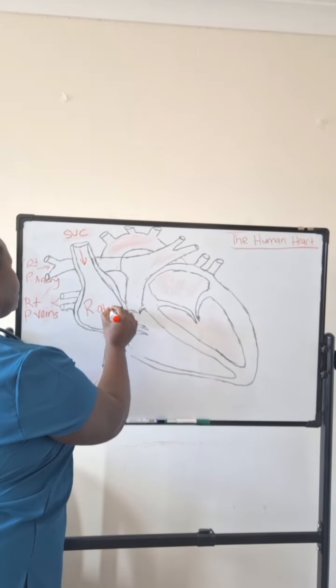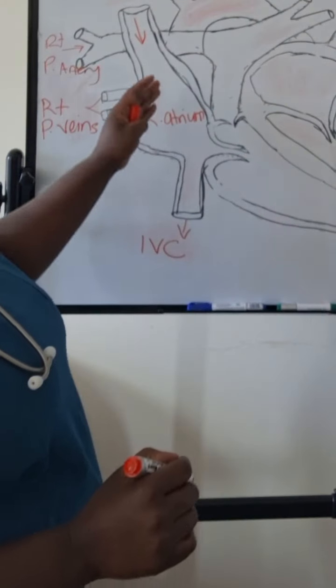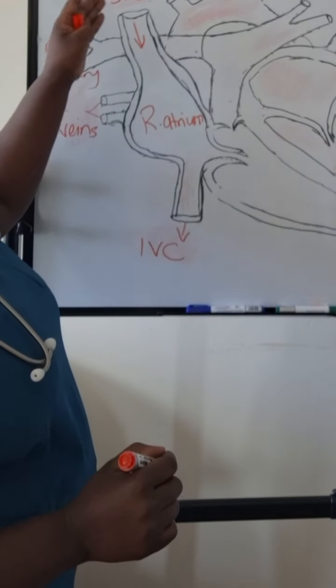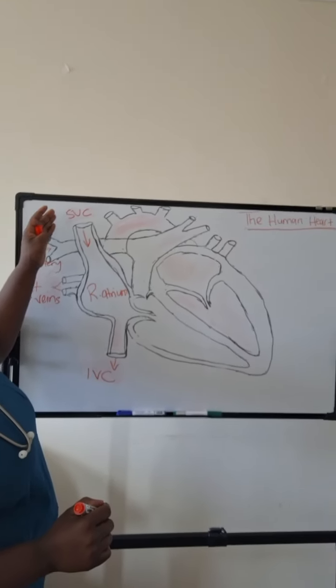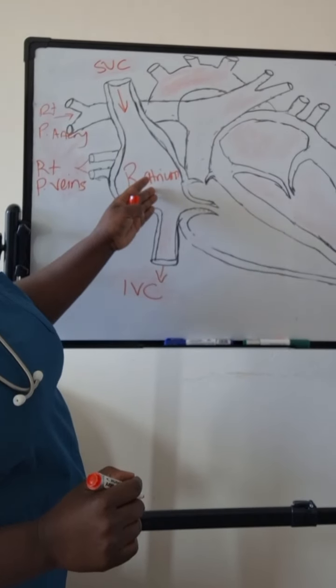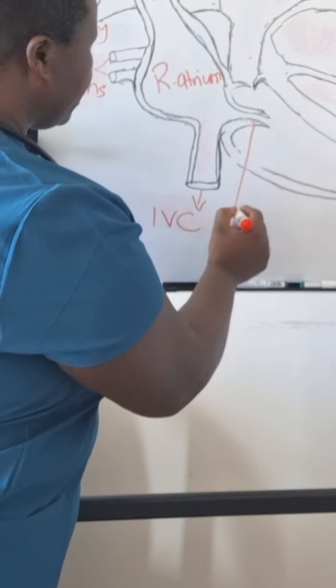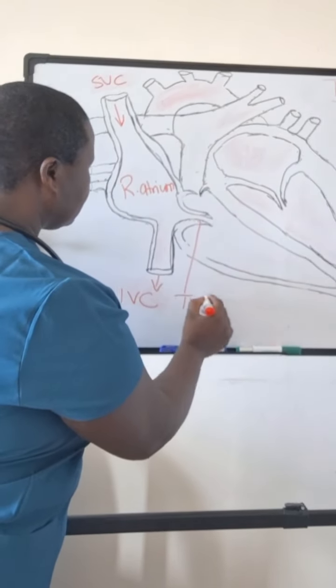And our right atrium receives deoxygenated blood from the body through the superior vena cava and inferior vena cava. And these are the tricuspid valves.